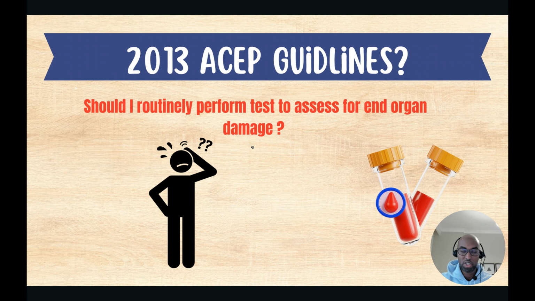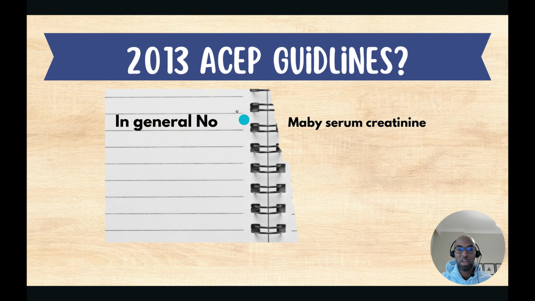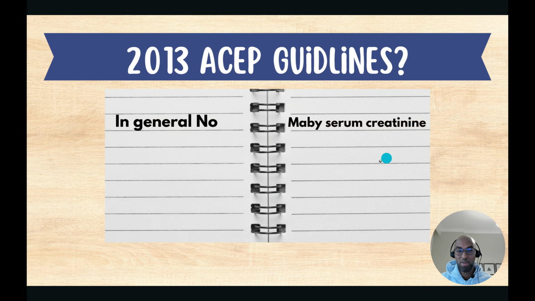As we said, our patient came from the dental clinic with high blood pressure, and you examined the patient, with no end organ damage symptom-wise. Now, do you want to perform a test? To be honest, the answer in general is no, but if you want to, you can do just the creatinine.